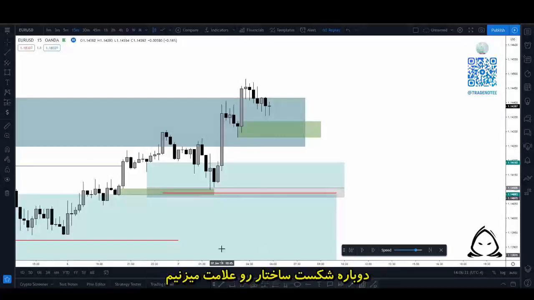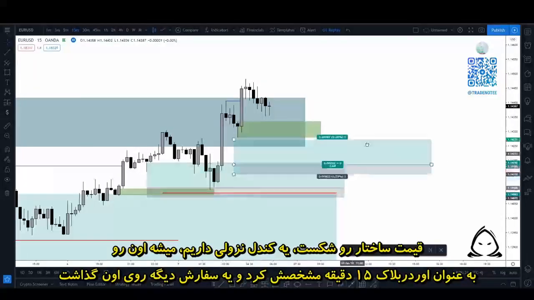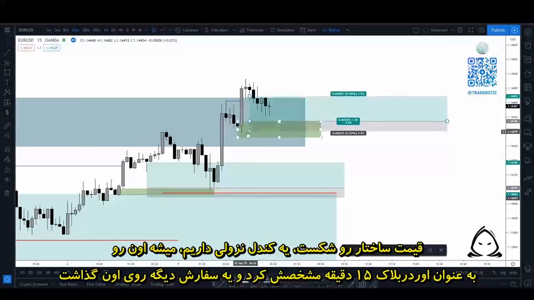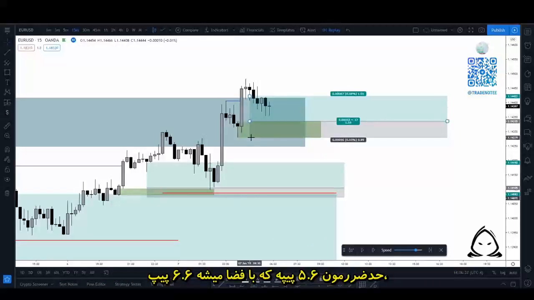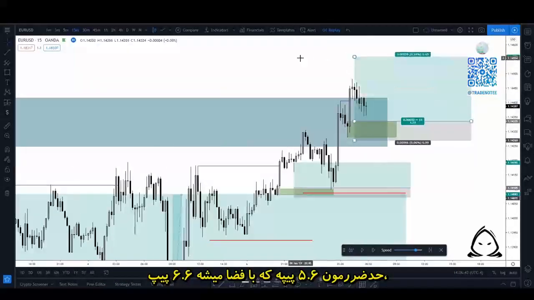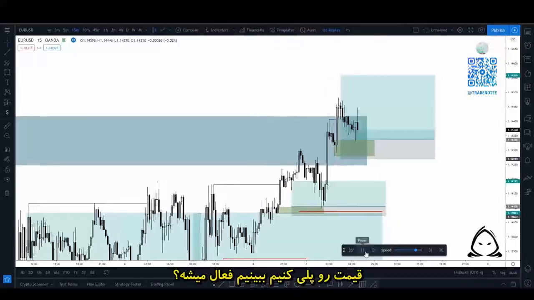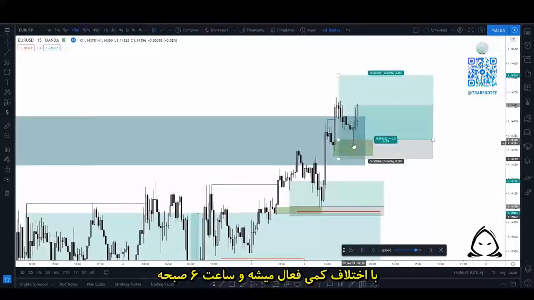So again, we'll mark in the structure break, just like that. We've broken structure, we have a down move candle, and we can denote that as a 15-minute order block and place yet another order on there. 5.6 pips is the zone. I'll do 6.6 to give it a little room to breathe. We'll play it forward and see, does this trade get tagged in? It does, just barely, and continues on.